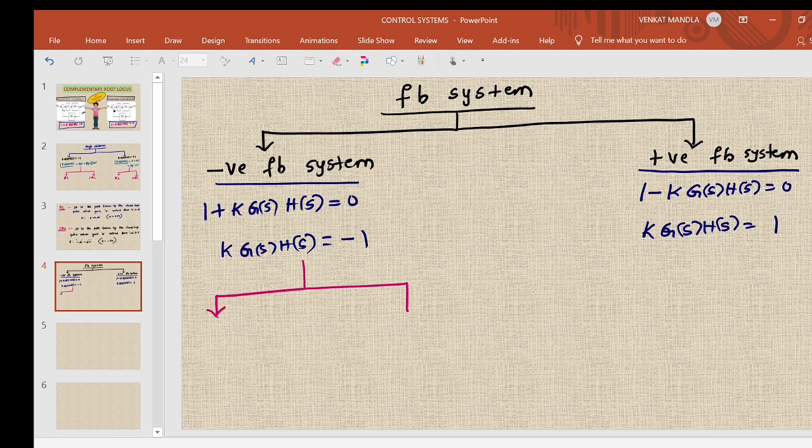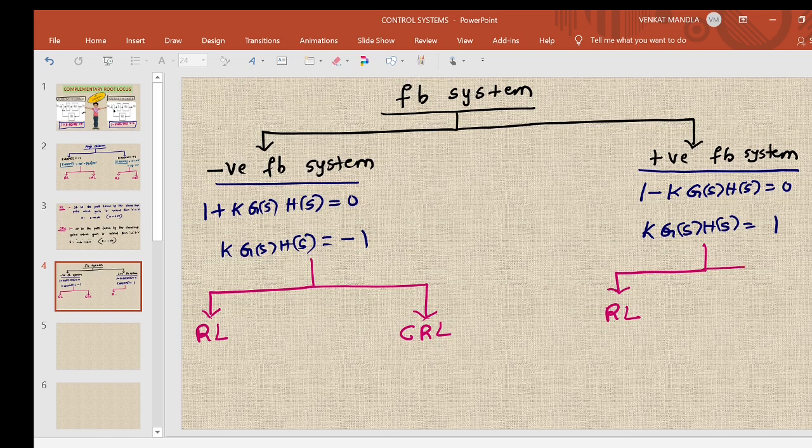For a negative feedback system, I will draw root locus and I will draw complementary root locus. For a positive feedback system also, I will draw both root locus and complementary root locus.